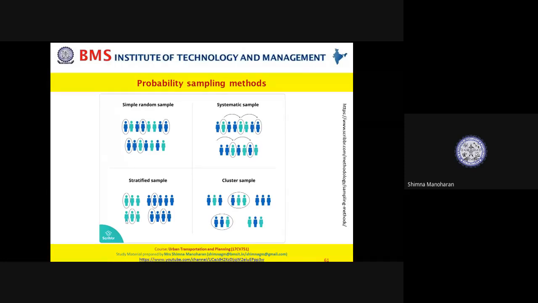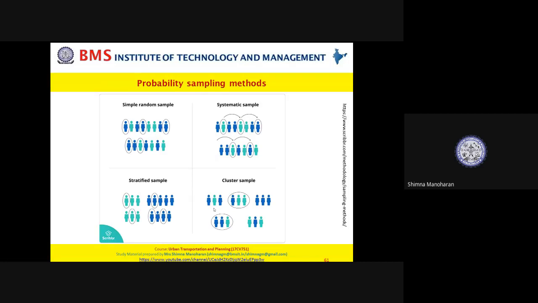Here, what we did earlier was choose people based on the proportion from different strata. But here the entire cluster is being chosen. Is that clear?